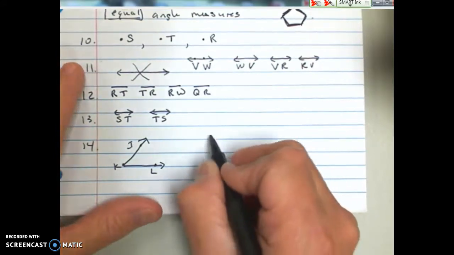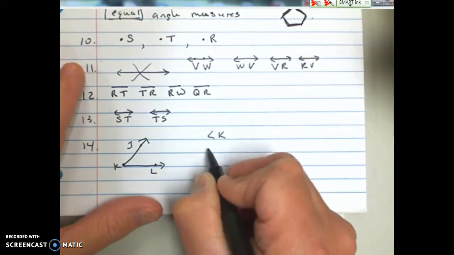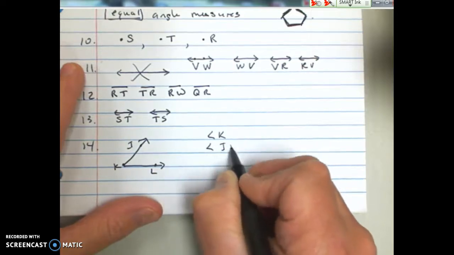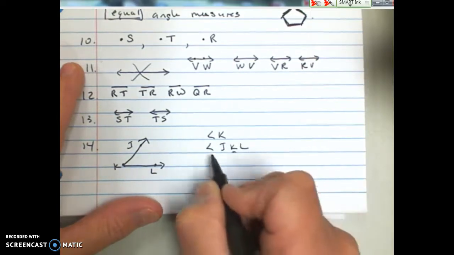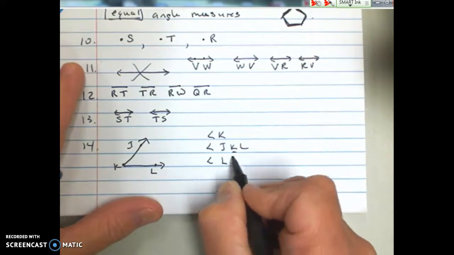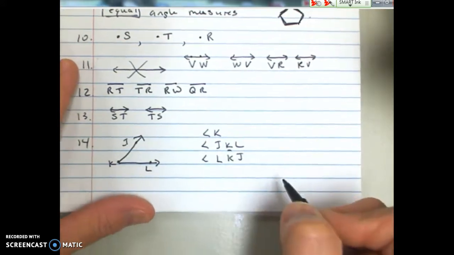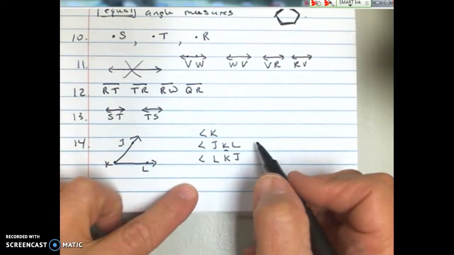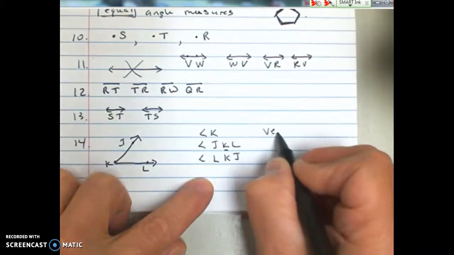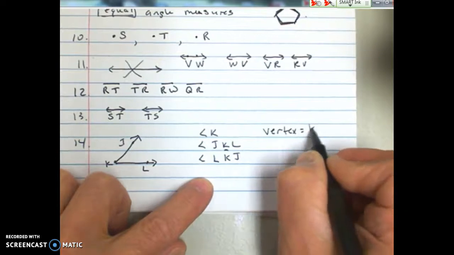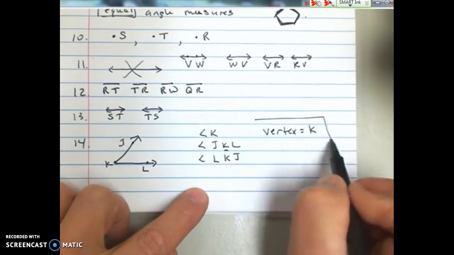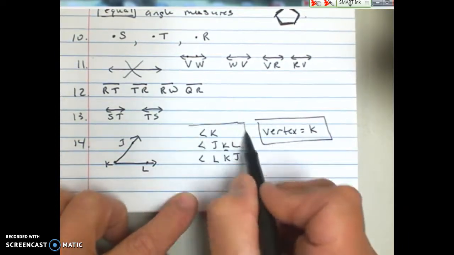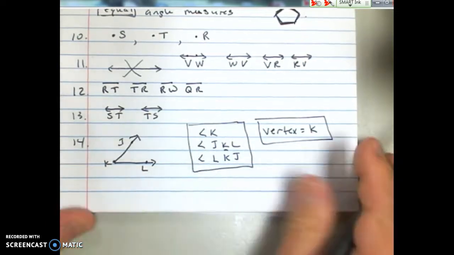So 3 ways, we can say angle K, we can say angle JKL, where K has to be in the middle, and angle LKJ. Those are the 3 ways that we can name that angle. And another question is, what is the vertex? The vertex is equal to K. So there's the answer to the 2 questions for number 14.